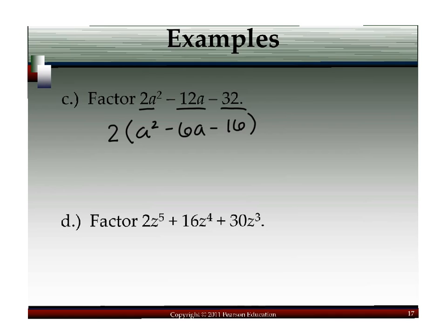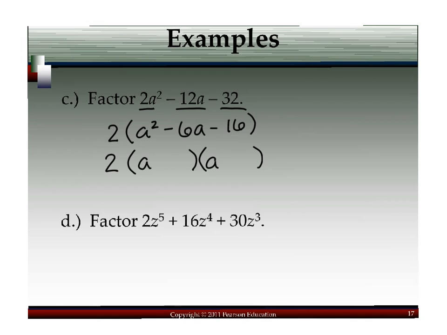Alright, so now that we have the monomial factored out, let's factor what's in this side of the parentheses. So I'm going to go ahead, break it apart, place my a here and my a here. Now what I'm looking for are factors of negative 16 that add up to negative 6.